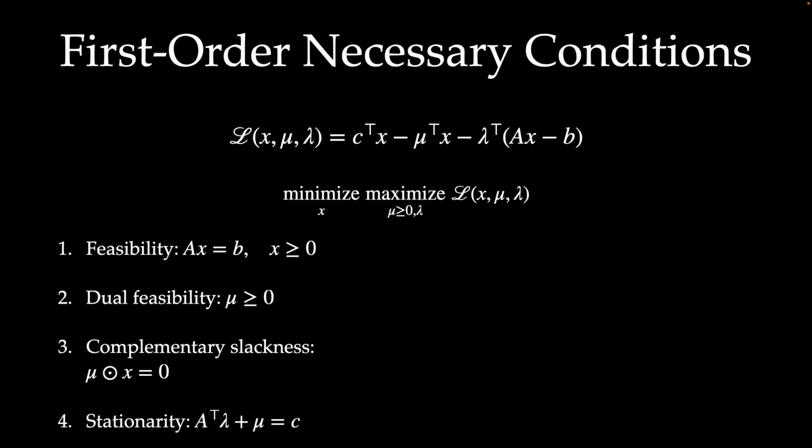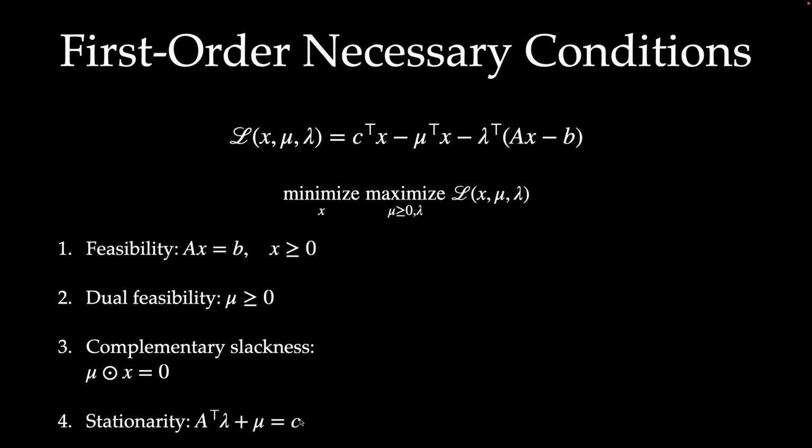The last first order necessary condition that we have here is stationarity. And now notice what we've done. We've rewritten this. So this was our infinite step penalty that we introduced through our Lagrange multipliers. Now we've put that back into our original objective, which is to minimize with respect to x. And so this is what's called the primal problem. Stationarity here says that A transpose lambda plus mu is equal to c.